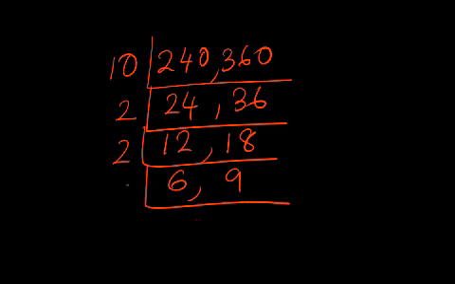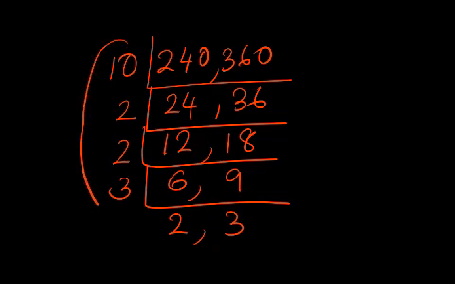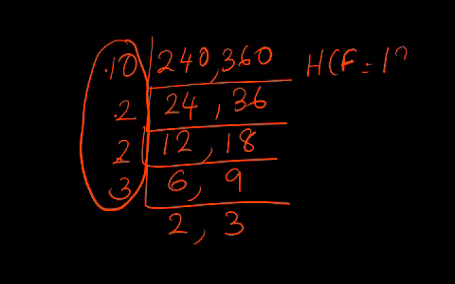Now 6 and 9 are divisible by 3. So 6 divided by 3, 2. 9 divided by 3, 3. There are no common factors for 2 and 3, so we can stop here. HCF will be the product of these numbers. HCF is equal to 10 into 2, 20. 20 into 2, 40. 40 into 3, 120.